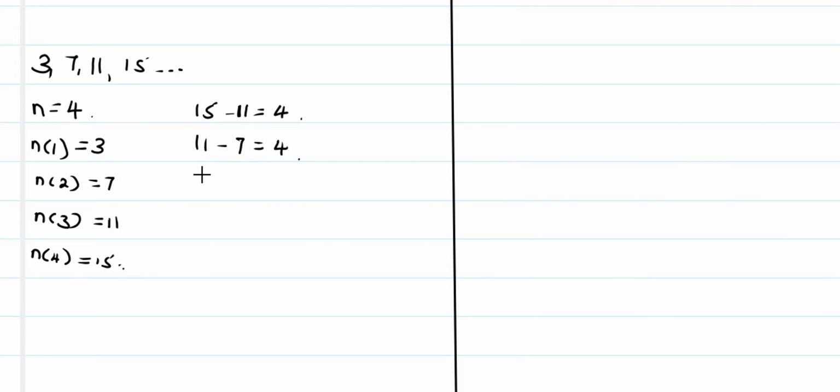Then I take the second term, 7, and subtract the first term, 3, and the difference is also 4. So now we have the differences of the 4 terms, and as you can note, the difference is the same. It is 4. We have the difference, and we have the number of terms.